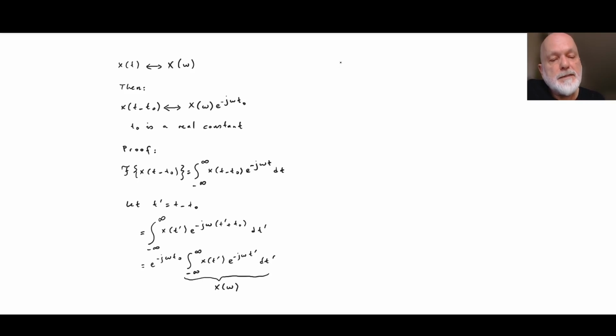So let us start with a very simple but important example. Example 1. x of t is the shifted impulse, delta of t minus t0. Okay, we remember the following. Fourier transform of the impulse is 1.